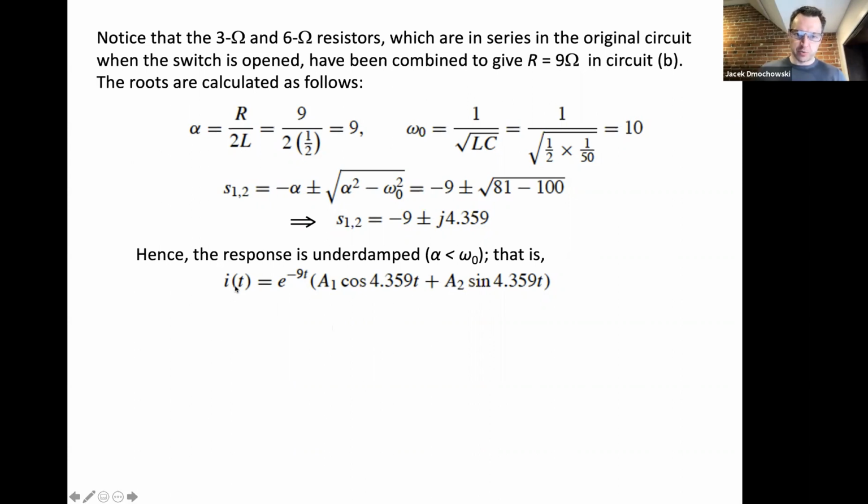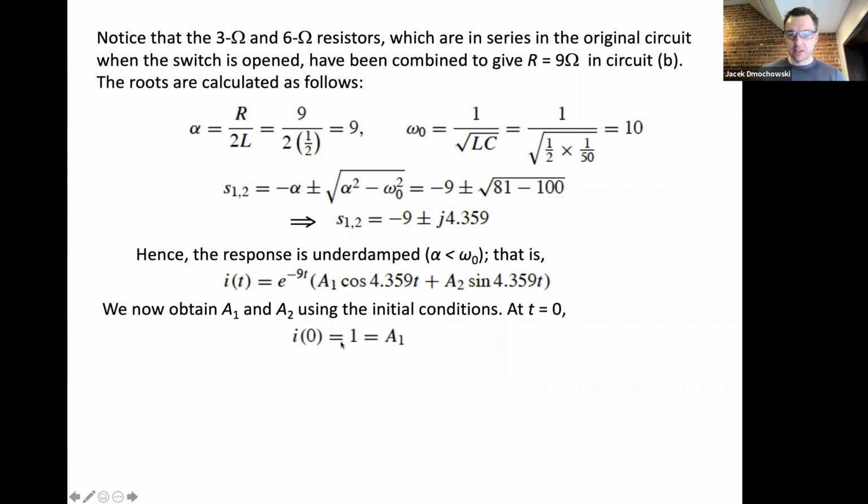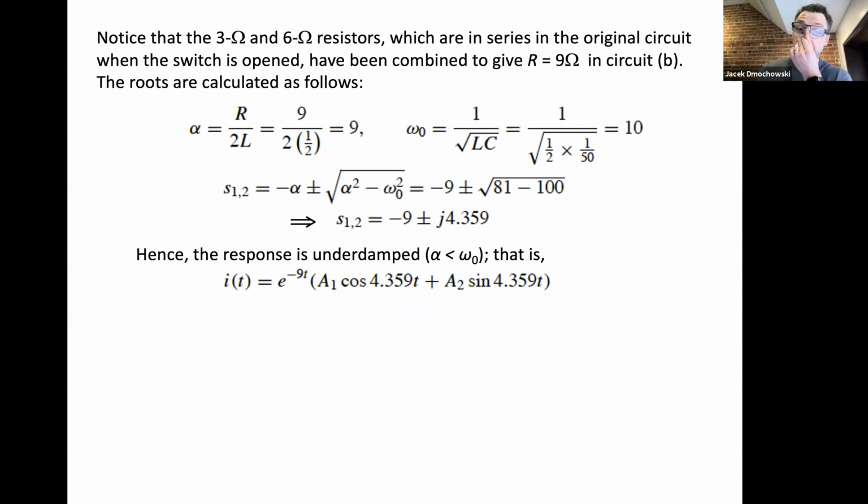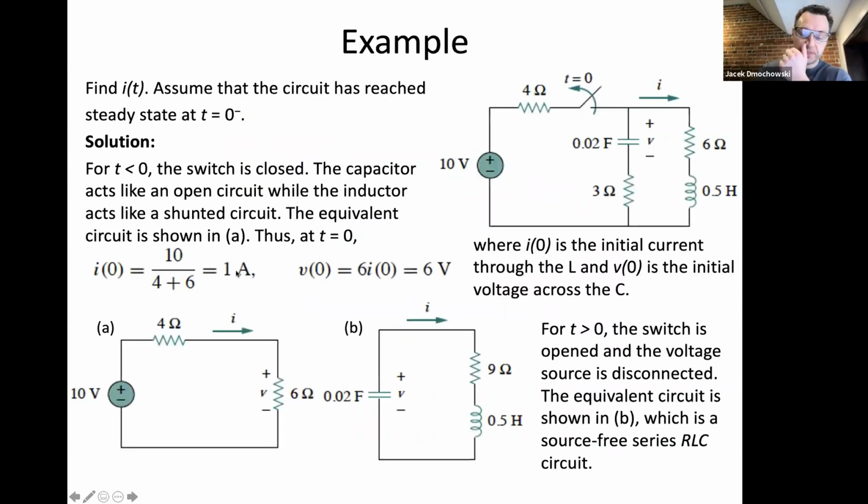The first equation we're going to get by plugging in t equals 0 into this equation. And that's going to give us A1. Right? So when t is 0, this equation simplifies to A1. And we know, from our initial condition that our initial current has to be 1 amp. And so that tells us the value of A1 has to be 1.